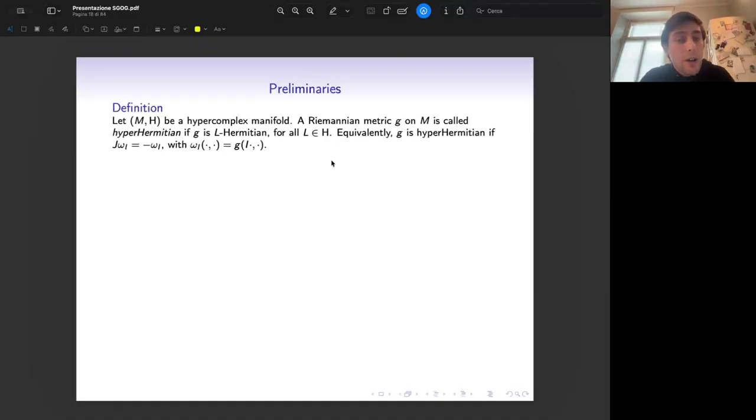Whenever we have a hypercomplex manifold, a Riemannian metric is called hyperhermitian if it's Hermitian with respect to any complex structure in H, or equivalently, if it's Hermitian with respect to I, and the fundamental form associated to the metric is J-anti-invariant.